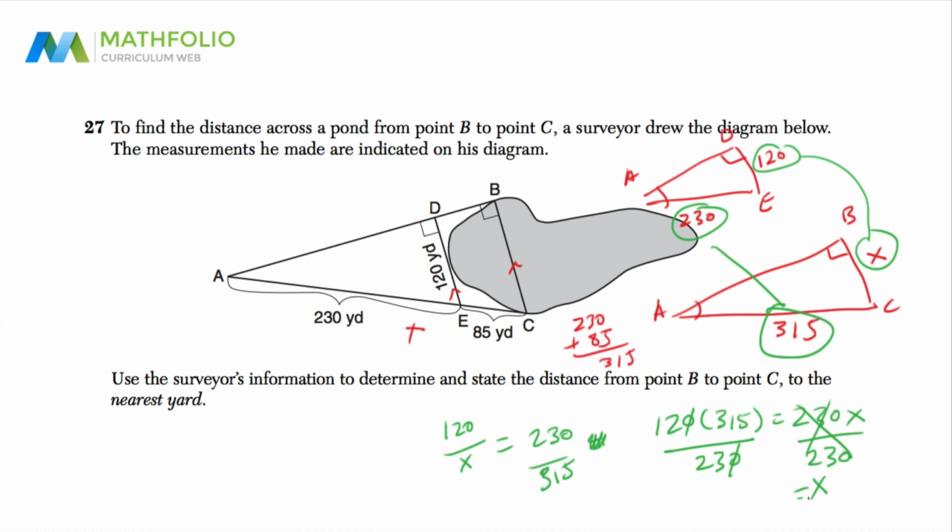X equals 12 times 315, and then divide all of that by 23. That gives me an answer of 164. And it says the nearest yard, so 164 is the nearest yard. And I should make my answer really clear, that BC equals 164 yards. That's my answer for 27.